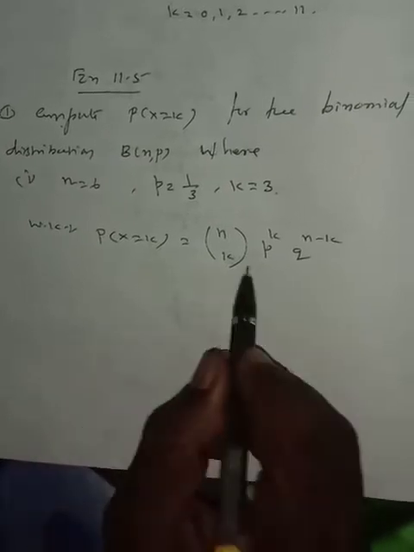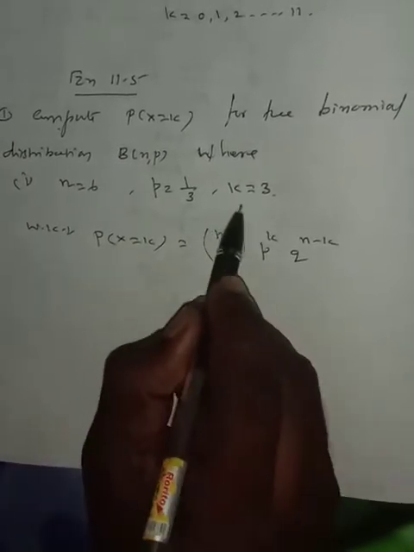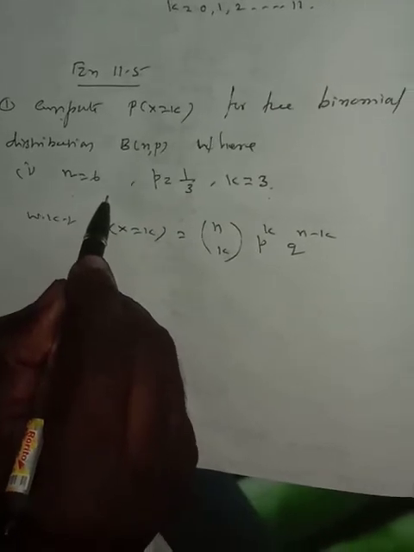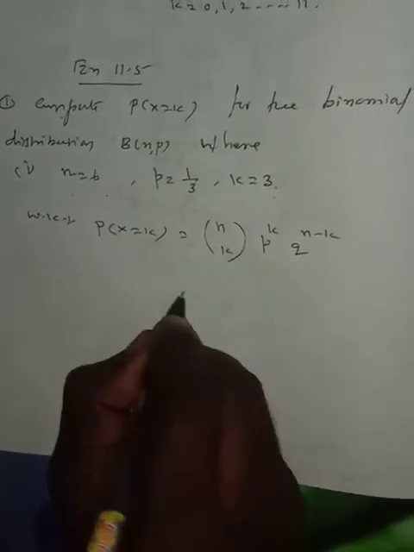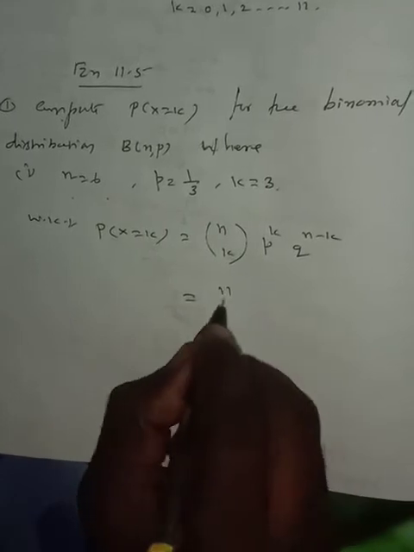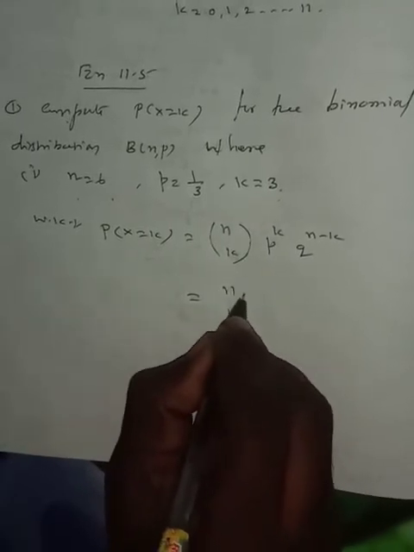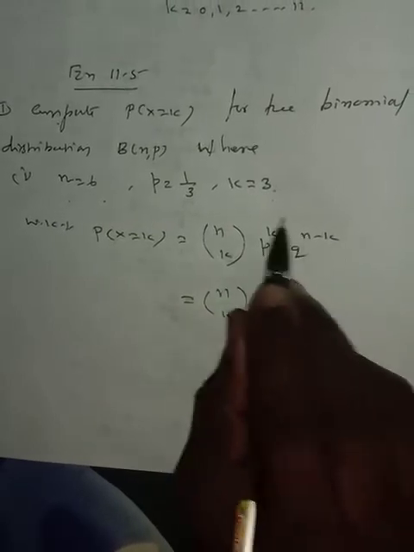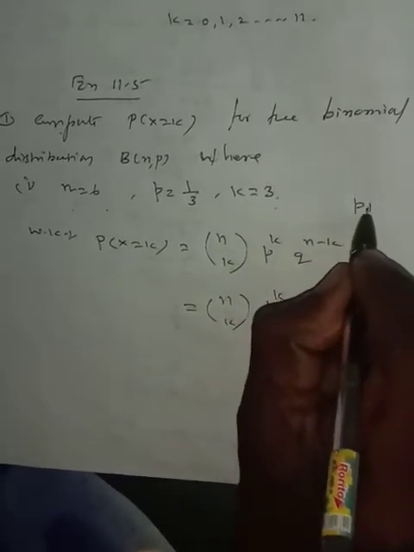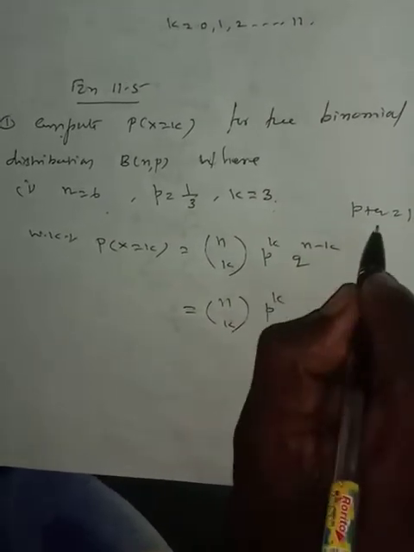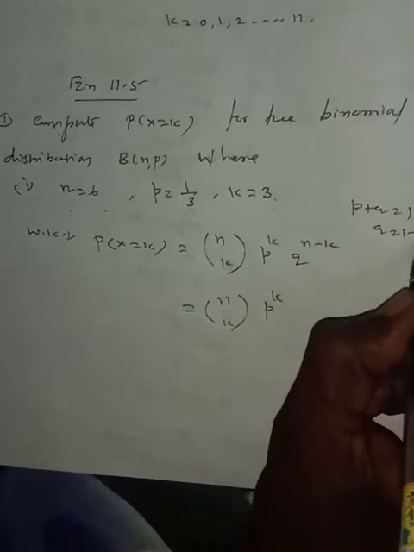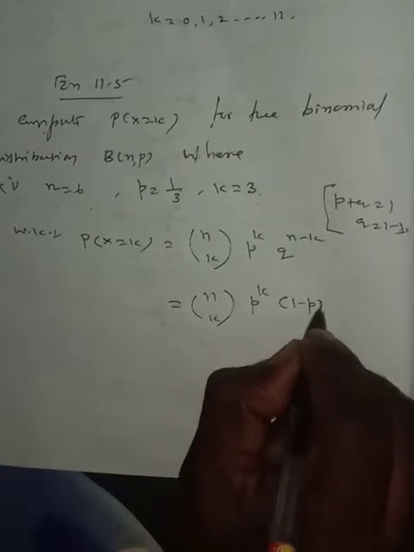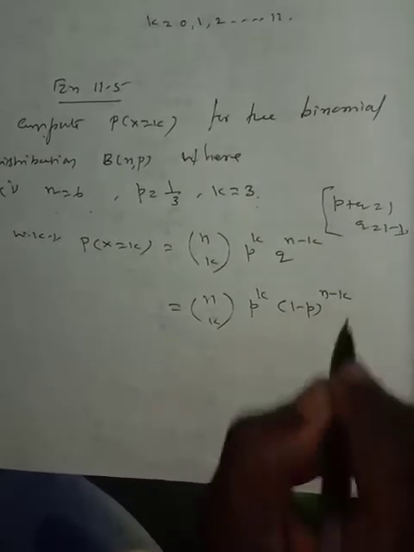Here, in this case k is 3, n is 6, therefore you have to write n c k p to the power of k. We know that p plus q is equal to 1, q is equal to 1 minus p, so 1 minus p whole to the power of n minus k.